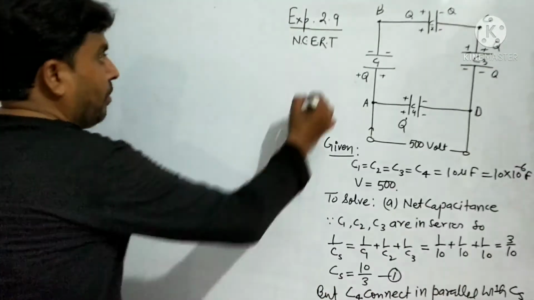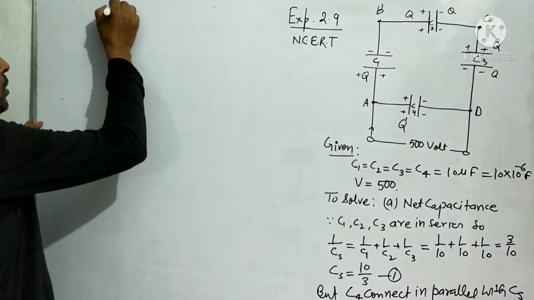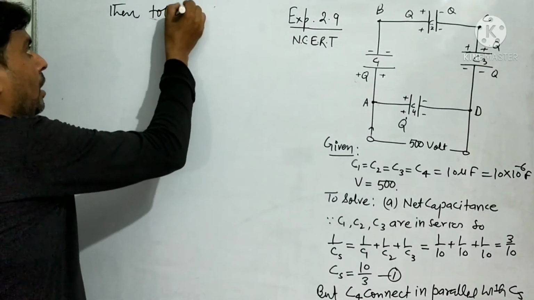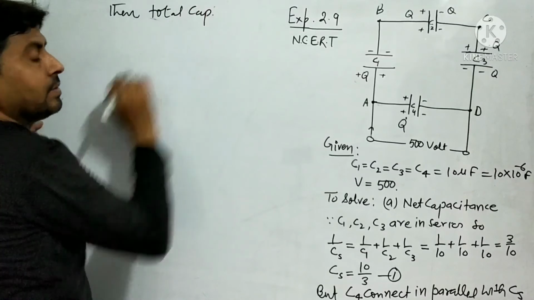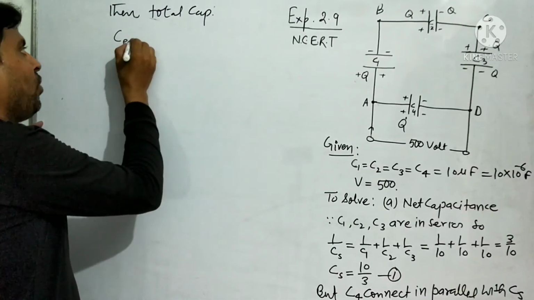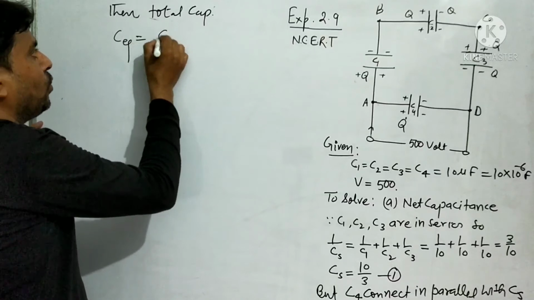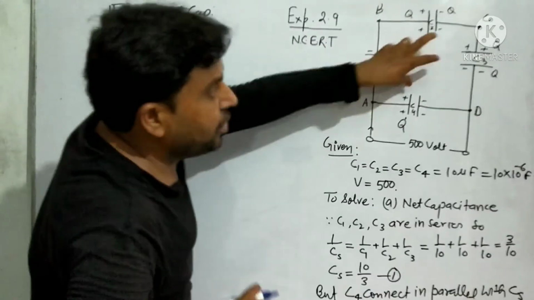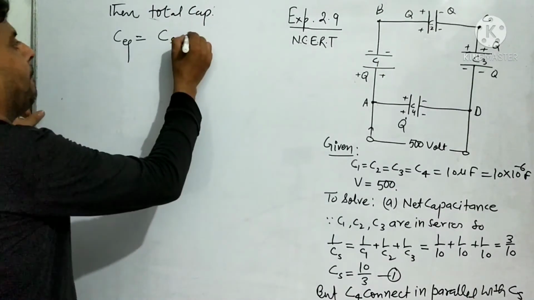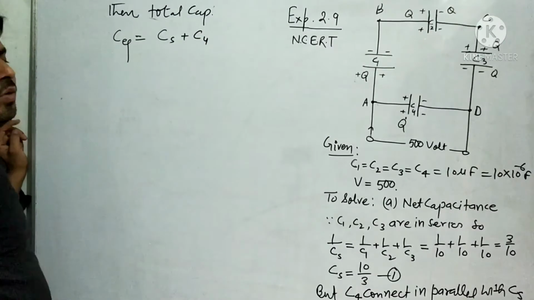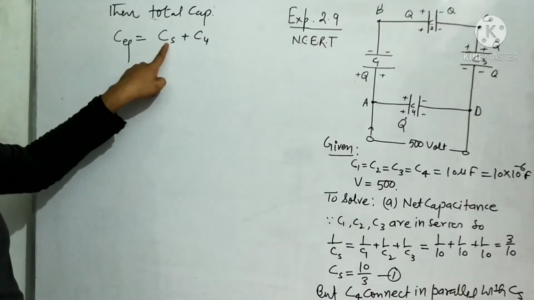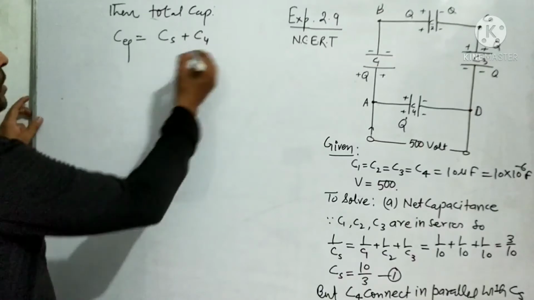Then the total capacitance, C equivalent, equals Cs, the series combination, plus C4. This is the formula of parallel combination, combined for all three.